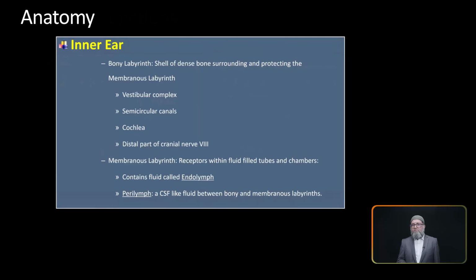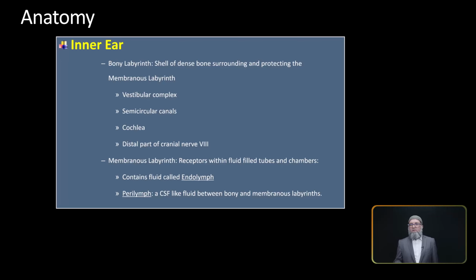When we are looking at the inner ear, the bony labyrinth and the semicircular canals, the outside is bony and inside are the membranes. So the bony labyrinth surrounds the membranous part, and there's fluid between the membrane and the bone and inside the membrane.